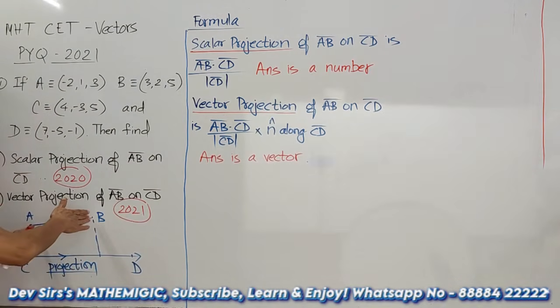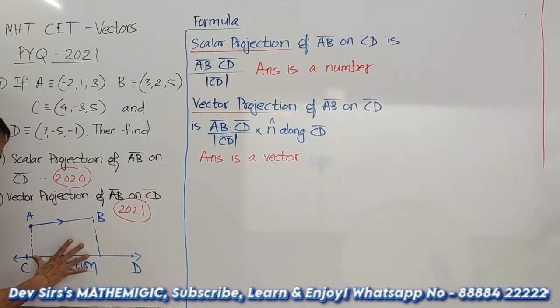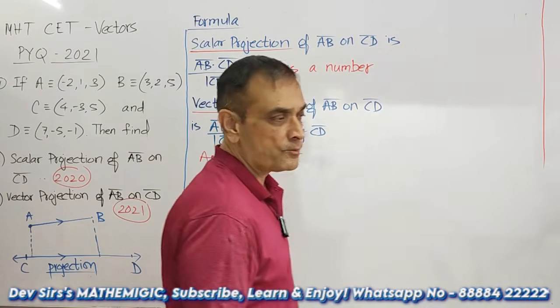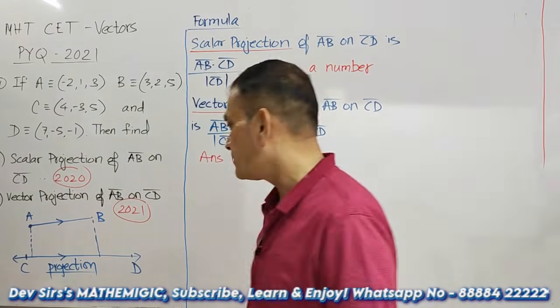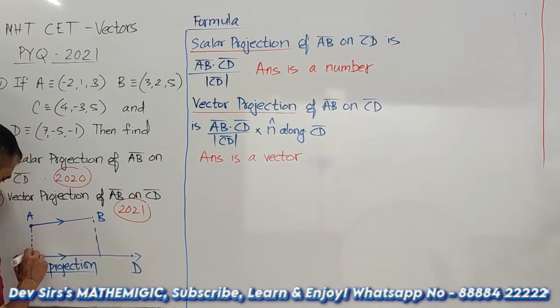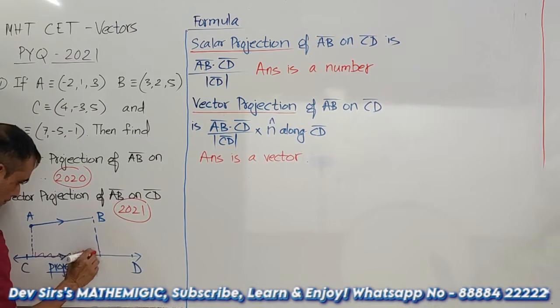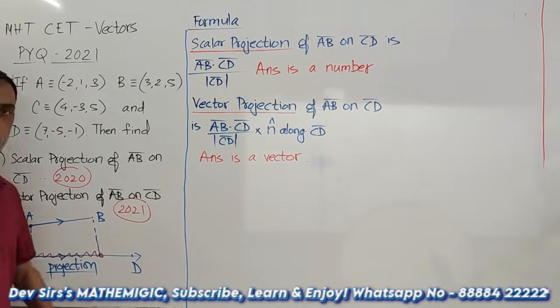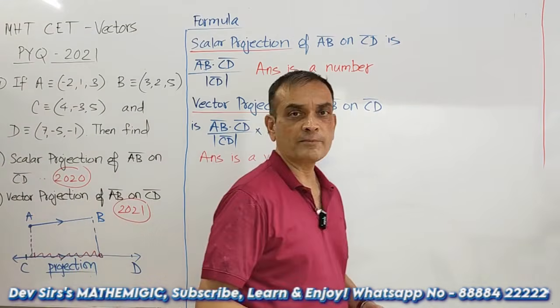If a shadow is cast of this vector AB on CD, this part is called as the projection. Okay, like a shadow. Projection of AB on CD is represented by this part. It is called as projection. Followed? Now there are two types of projections.